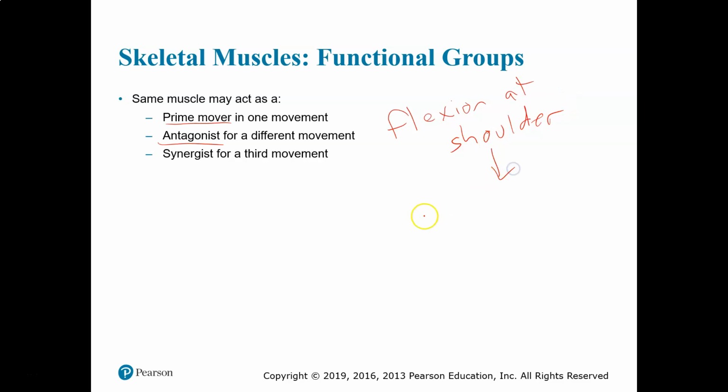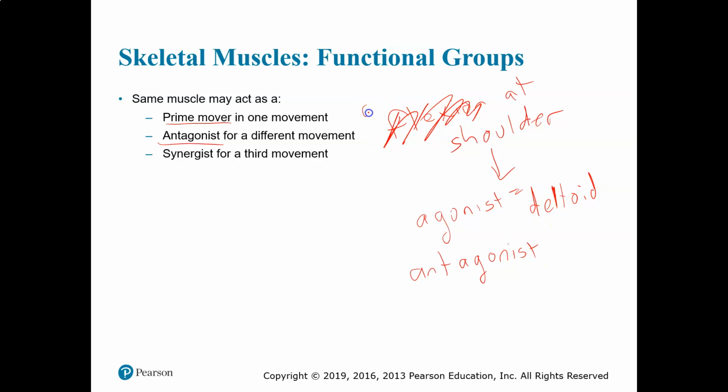The agonist for that is the deltoid, the middle fibers of the deltoid. And the antagonist for that is the teres major. I'm sorry, I meant to say abduction.